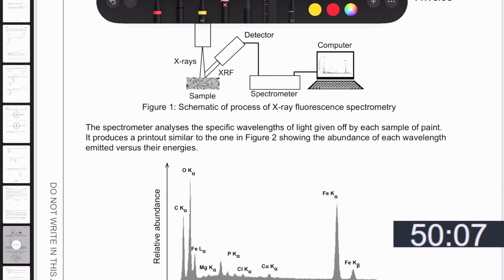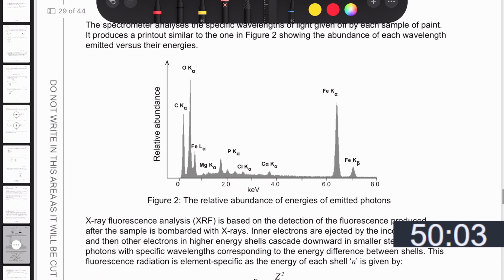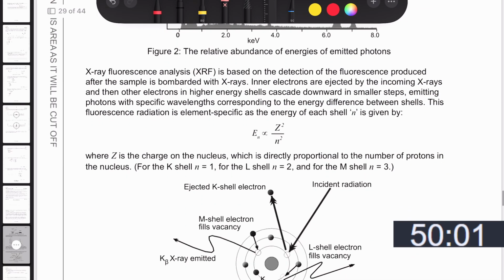It produces a printout similar to the one in Figure 2, showing the abundance of each wavelength versus their energies. Based on the detection of the fluorescence produced after the samples were bombarded with X-rays, inner electrons are ejected by incoming X-rays, and other electrons in higher energy shells cascade downward in smaller steps, emitting photons of specific wavelengths corresponding to the energy difference between shells.